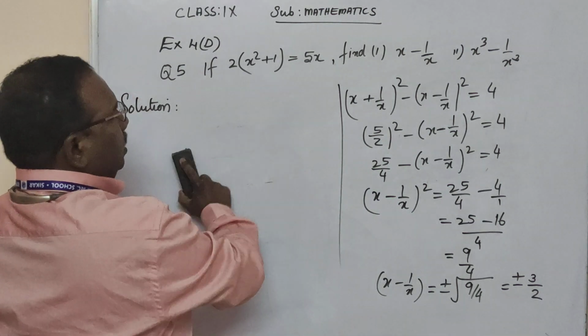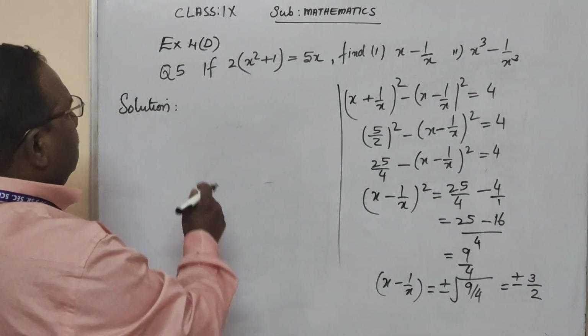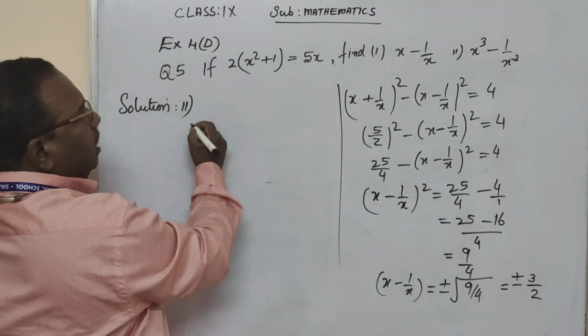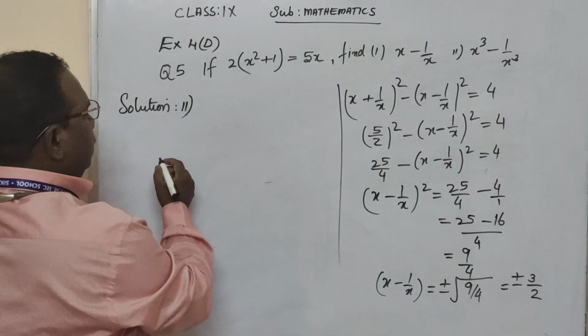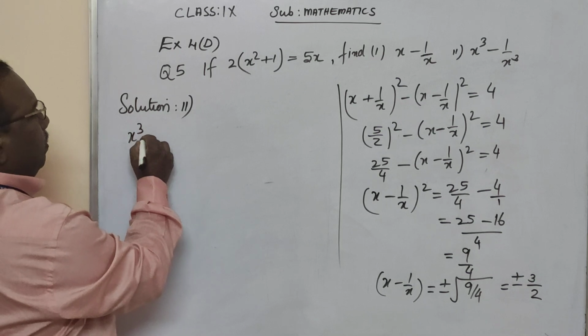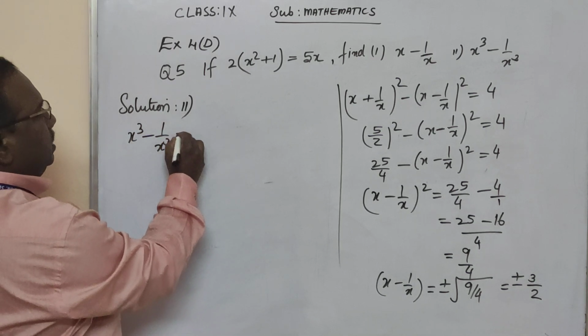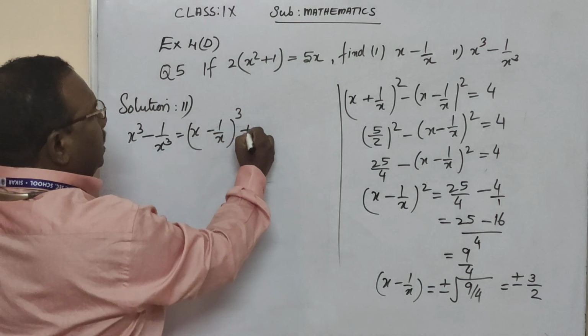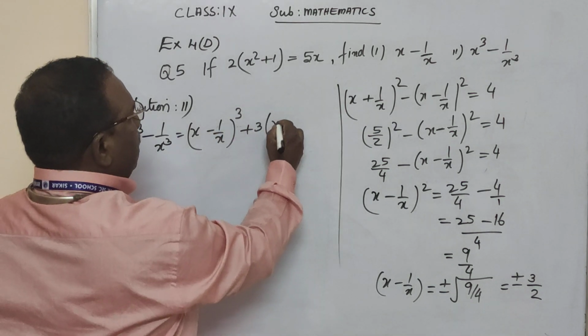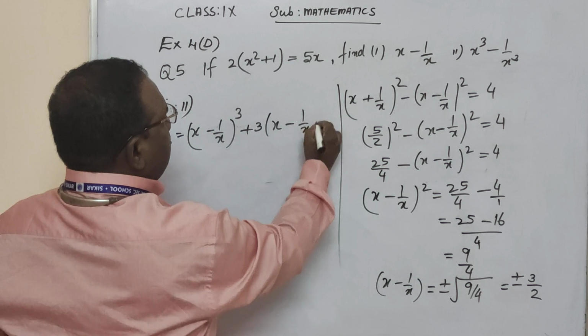Second part of the same question. x cube minus 1 by x cube. You know the identity: x cube minus 1 by x cube is equal to (x minus 1 by x) whole cube plus 3 into (x minus 1 by x).